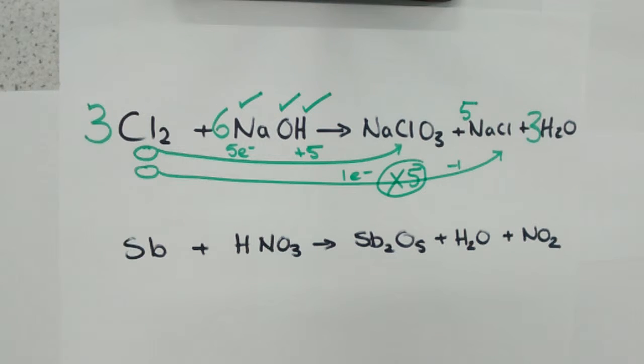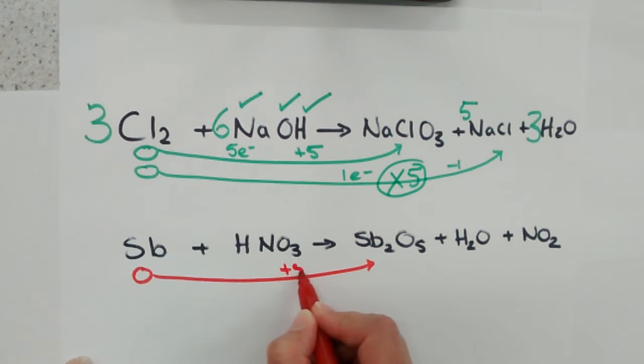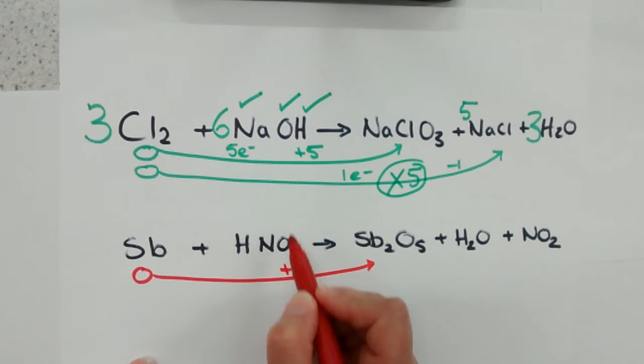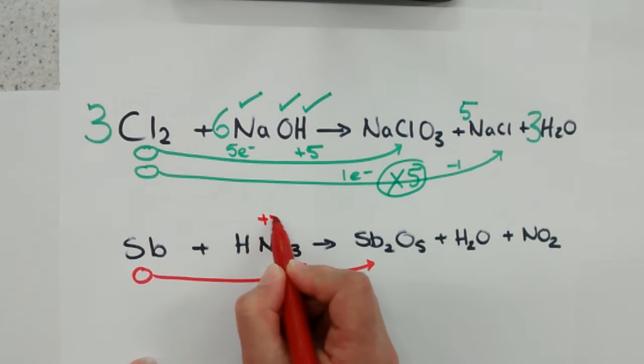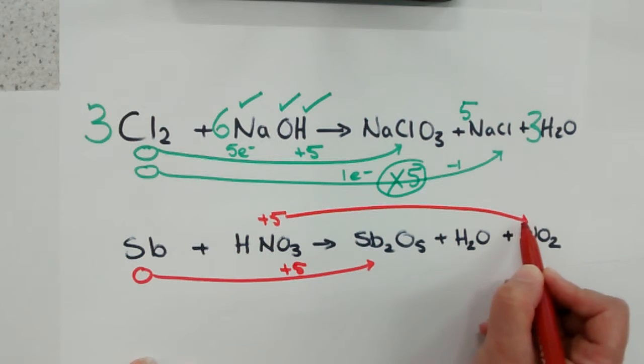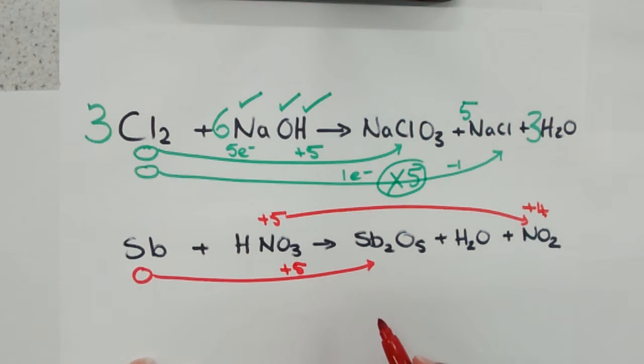In the one below, again, we've got no hydrogen as a gas anywhere, we've got no oxygen as a gas anywhere. Therefore, my hydrogens and oxygens are not changing oxidation state. However, we need to check what's going on with antimony, and antimony is going from 0 here to +5 here. Nitrogen, on the other hand, is going from +5 here to +4 here.